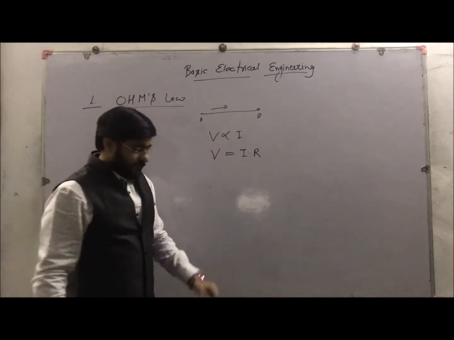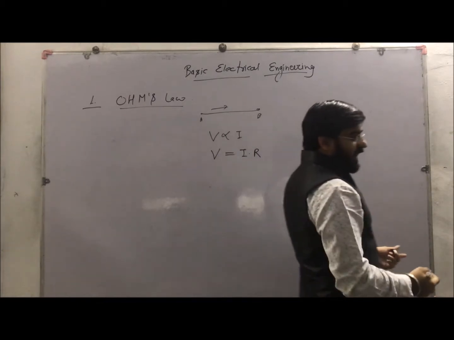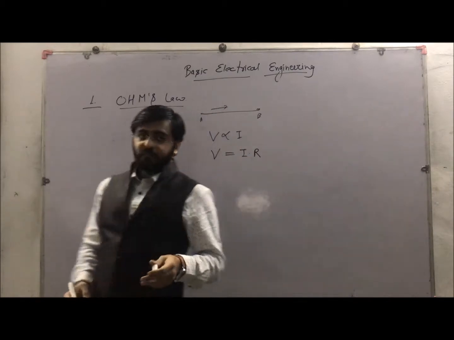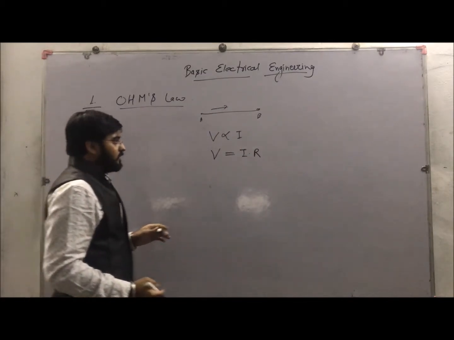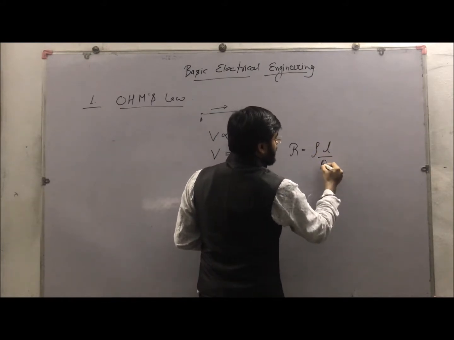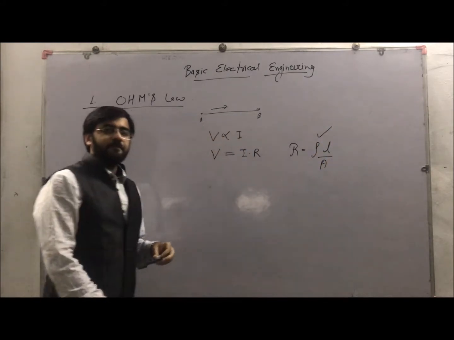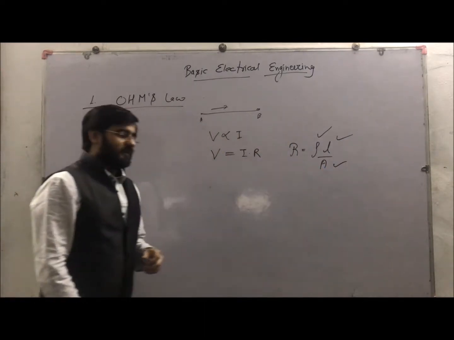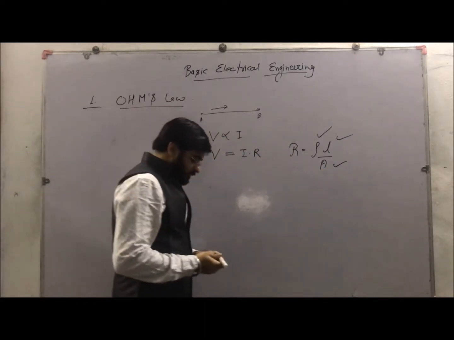And what is resistance? Resistance is an element which opposes the current from the supply. So R equals rho L upon A, where rho is resistivity, L is the length of the conductor, and A is the area of the conductor. So this is the basic Ohm's law.